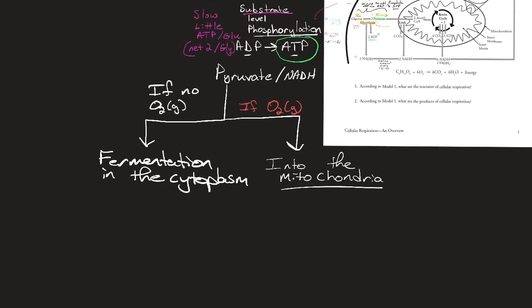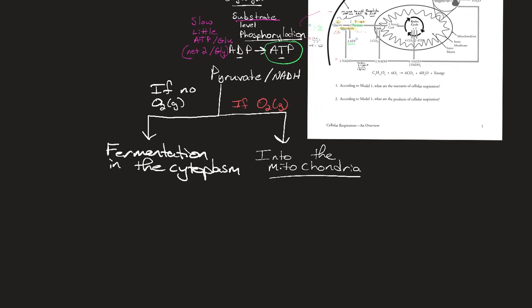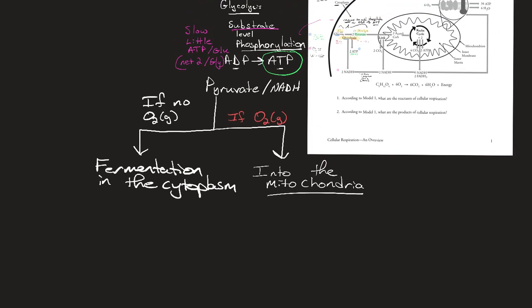So there's two kinds of fermentation. There is that fermentation that happens in humans and other mammals. In fact, most vertebrates, as far as I know, all vertebrates. Do you know what the word vertebrate means?